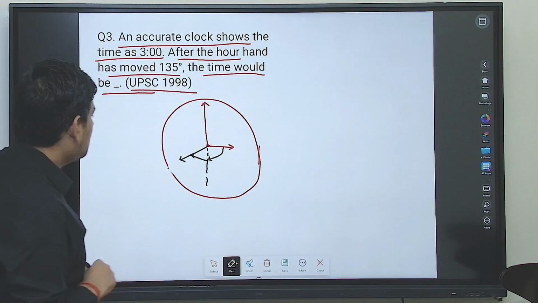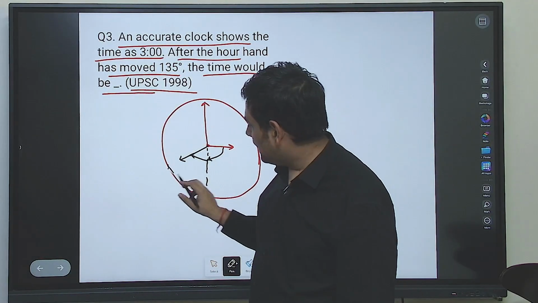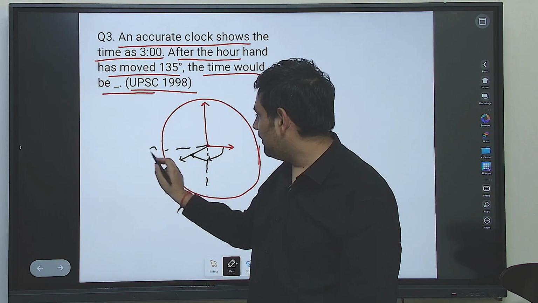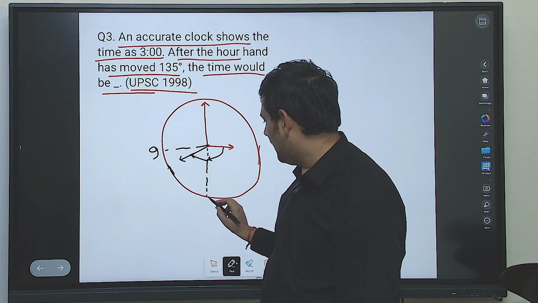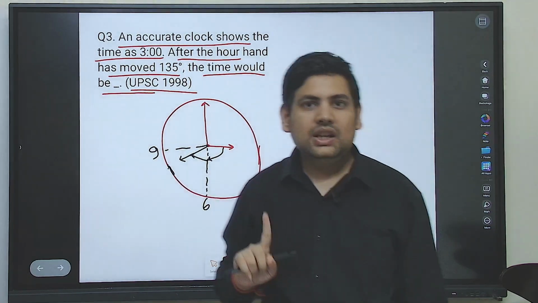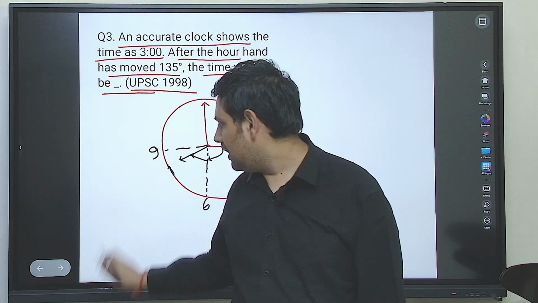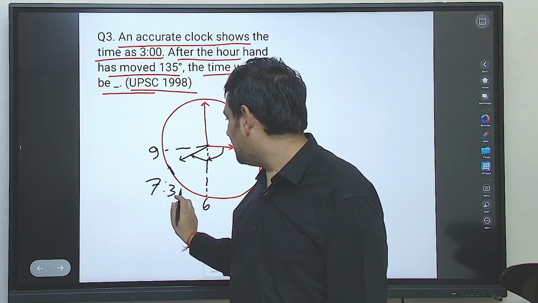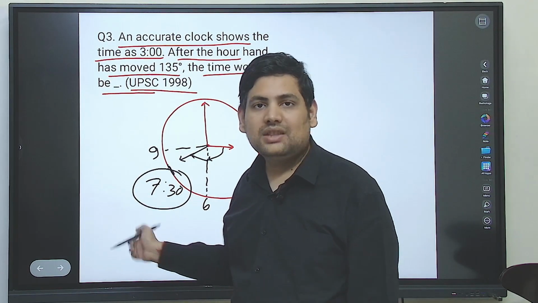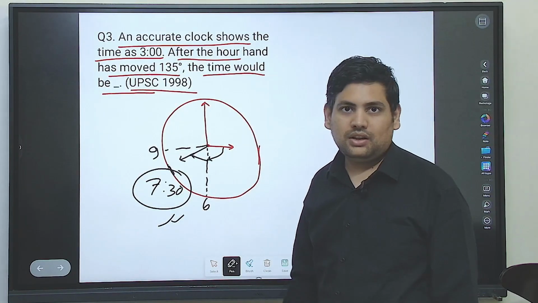The time would be exactly in the middle. Here you have 9, and here you have 6. What is the exact time between 9 and 6? You have the time as 7:30, because this is 3 hours. So exactly in the middle it will be 7:30. So the answer is 7:30.